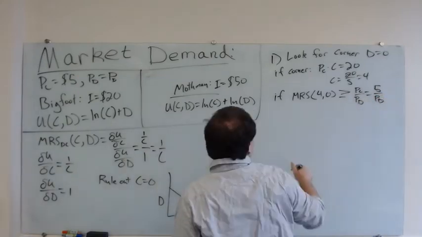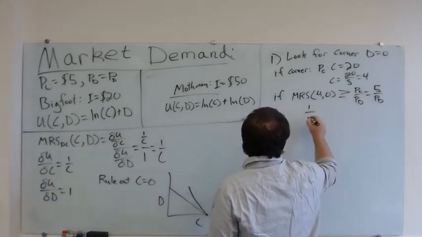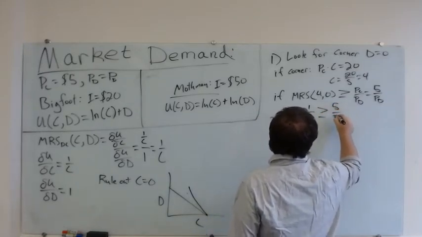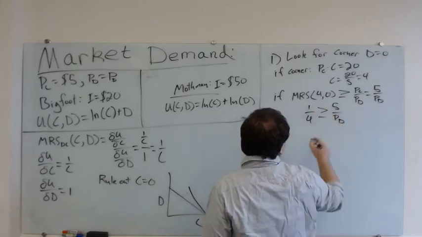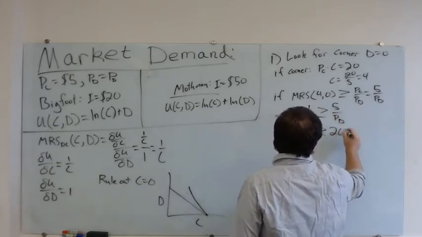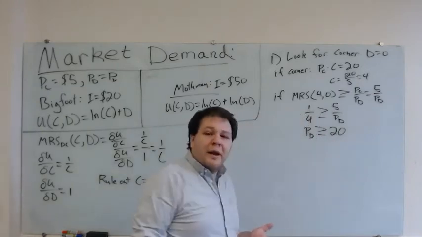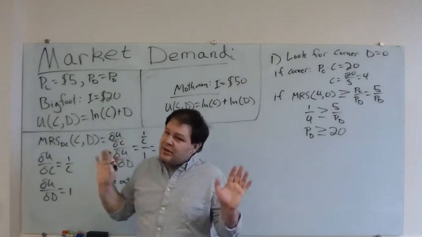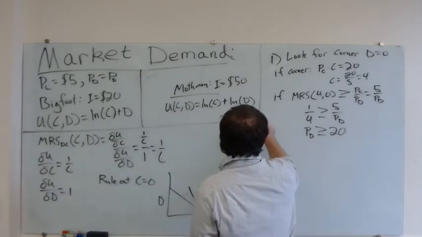That's going to be 1 over 4, greater than or equal to 5 over PD. So cross multiplying, PD has to be greater than or equal to 20. So if you've got to pay more than 20 bucks for a dolly painting, Bigfoot is going to say, forget about it, I'm going to spend all my money on chicken. So that's our corner. How about our interior solution?